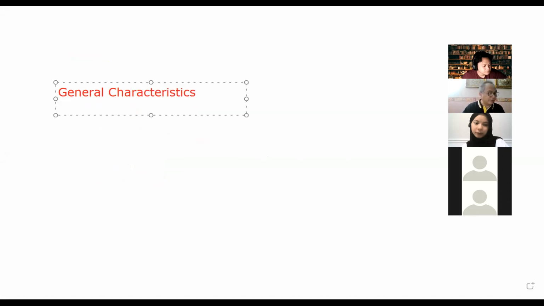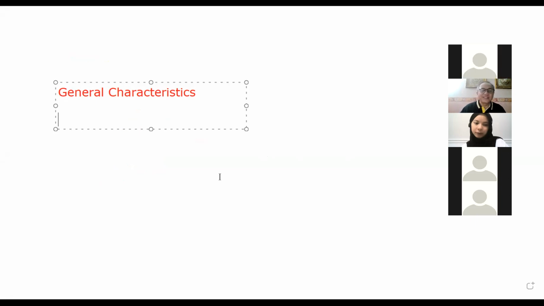I'll put this up in the Open Learning forum also. Is everyone back? Okay, we'll start with the general characteristics of data.